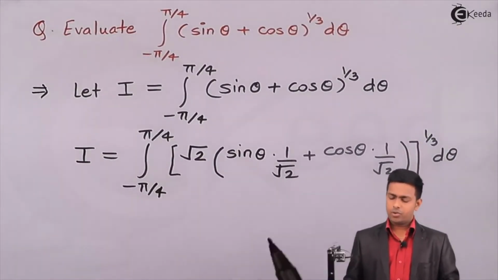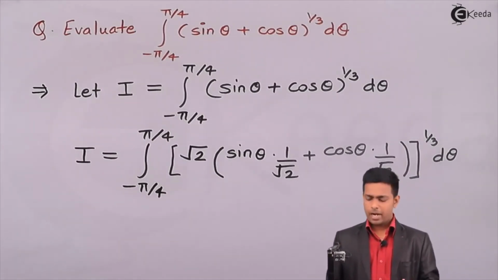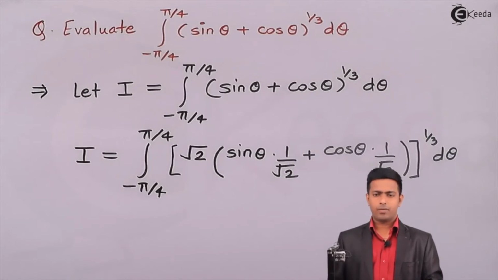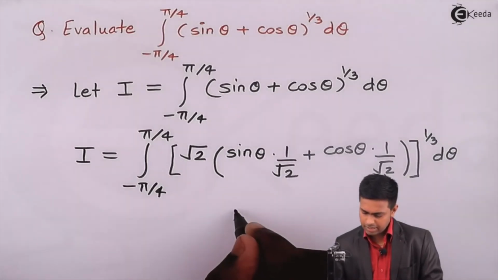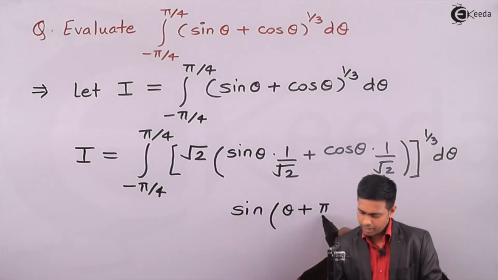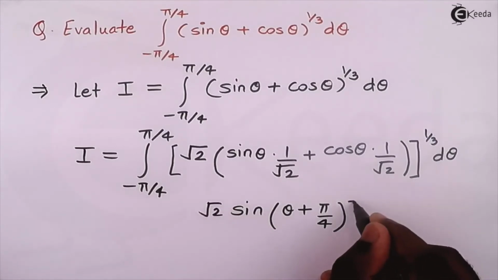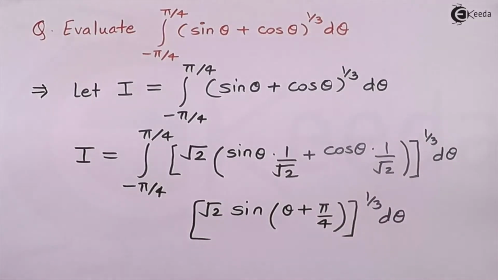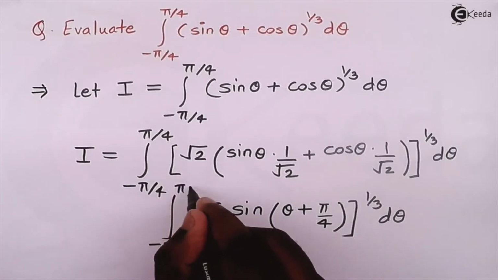Now we know the value of 1 upon root 2 in terms of cosine, it is cosine pi by 4, and similarly this 1 upon root 2 I can substitute as sine pi by 4. That will give us the formula of sine a plus b, which will become sine of theta plus pi upon 4, with root 2 as it is, and this bracket raised to 1 upon 3 d theta, and the integration is from minus pi upon 4 to pi upon 4.